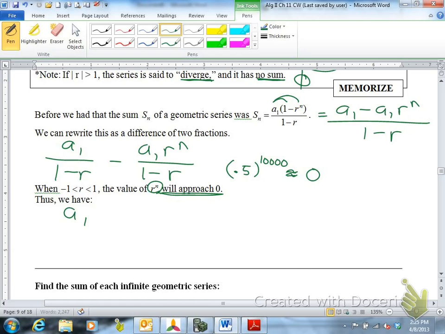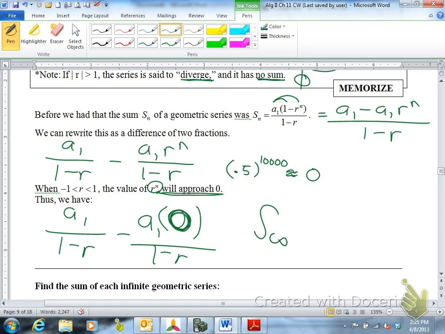We'd have a sub 1 over 1 minus r, minus a sub 1 times 0 over 1 minus r, and this whole quantity is now 0. So the sum of an infinite series is a sub 1 divided by 1 minus r, given that r is between -1 and 1. That's where the formula comes from.